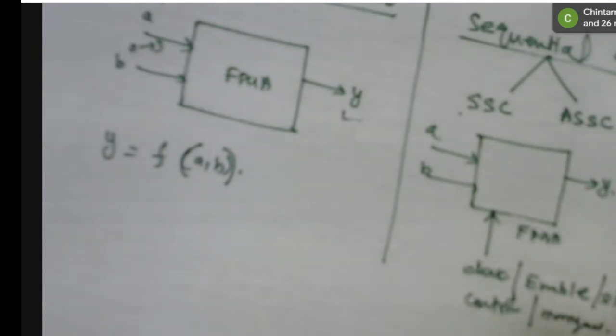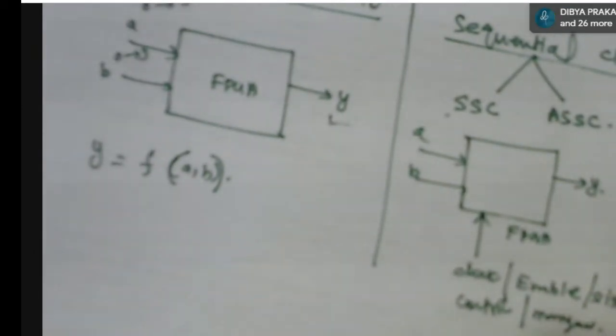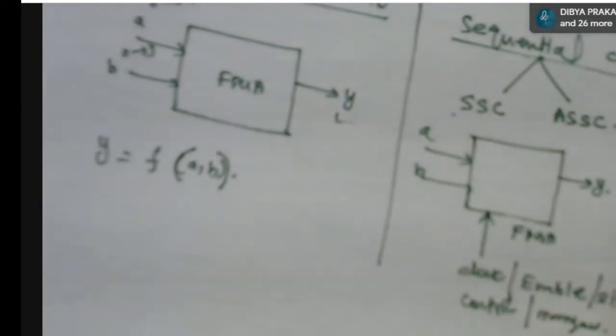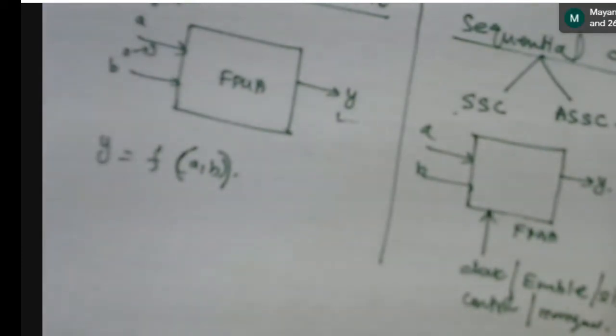You can give so many names to it, but that is a very important signal. Control, clock, enable, disable pin, master control, manager control, whatever it is, it has some operation over the entire function of our logic.